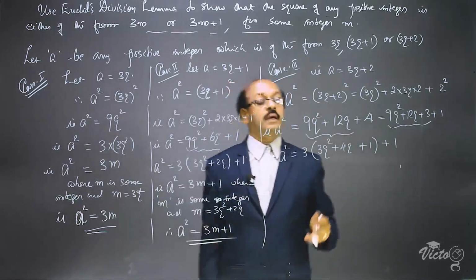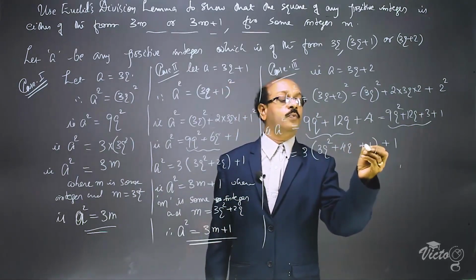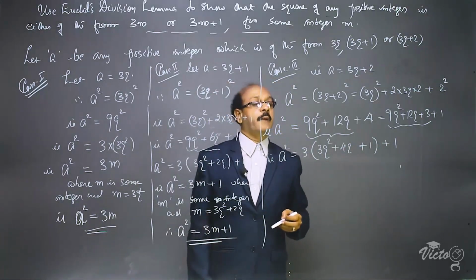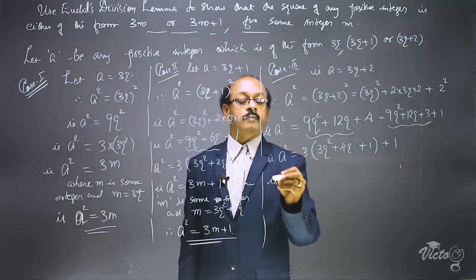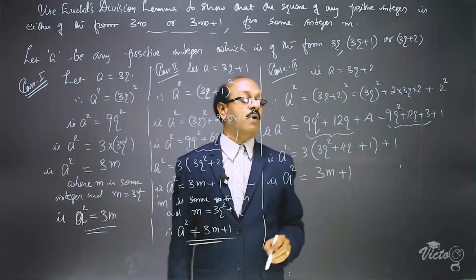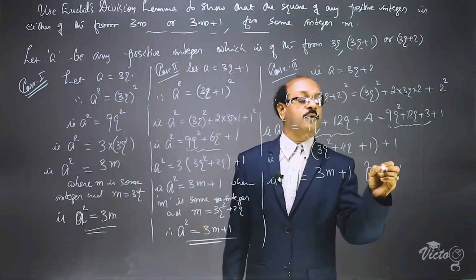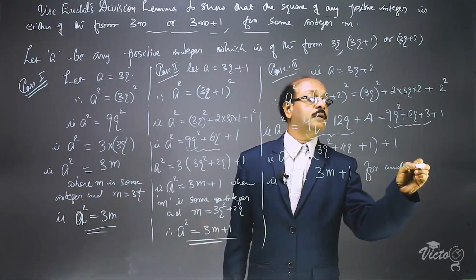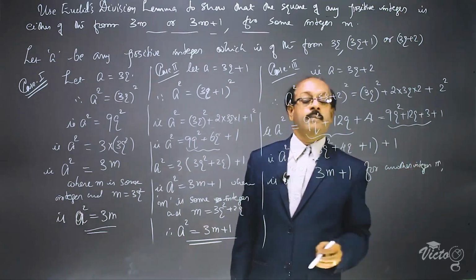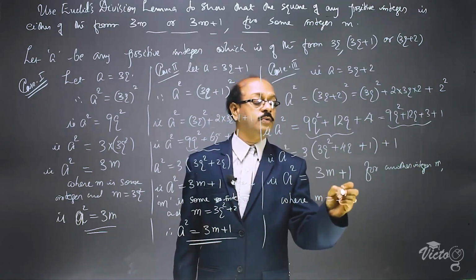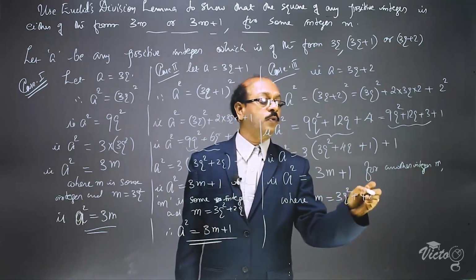Now we are assuming 3q square plus 4q plus 1, the terms within the bracket, to be another integer, namely m. That is, a square is equal to 3m plus 1 for another integer m, where m is equal to 3q square plus 4q plus 1.